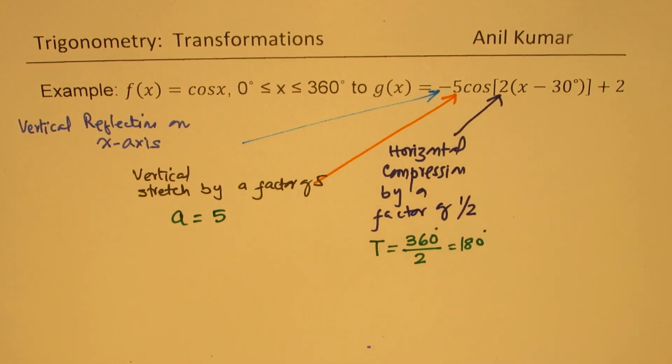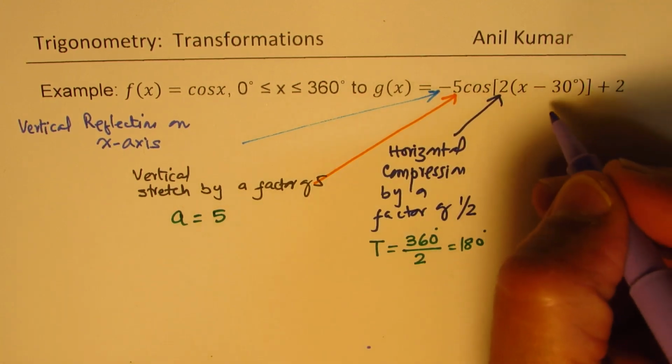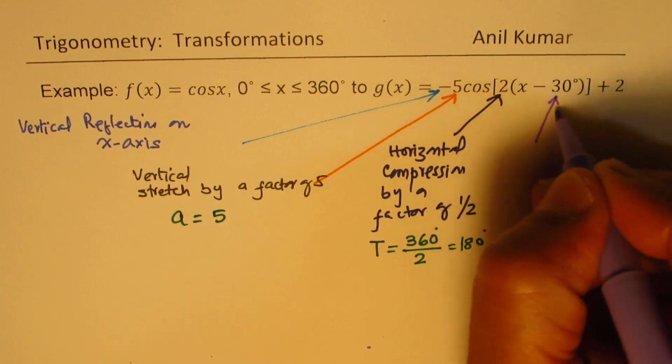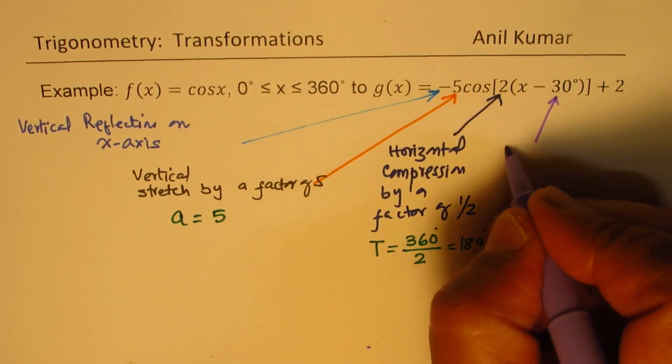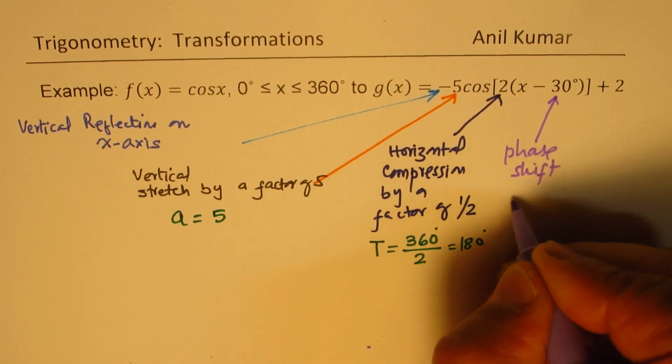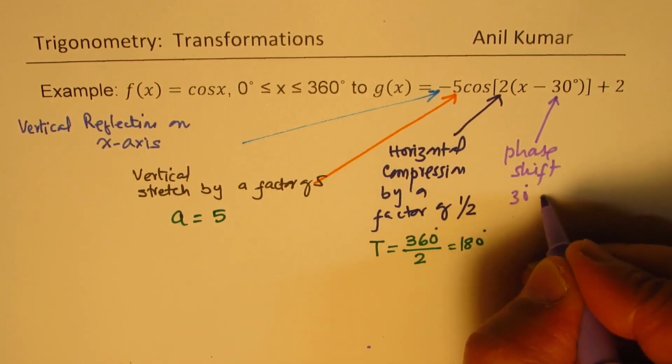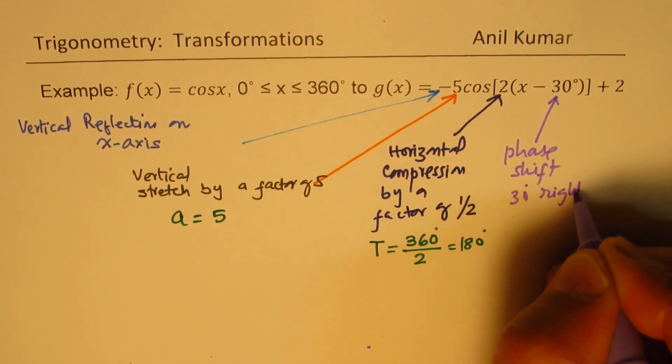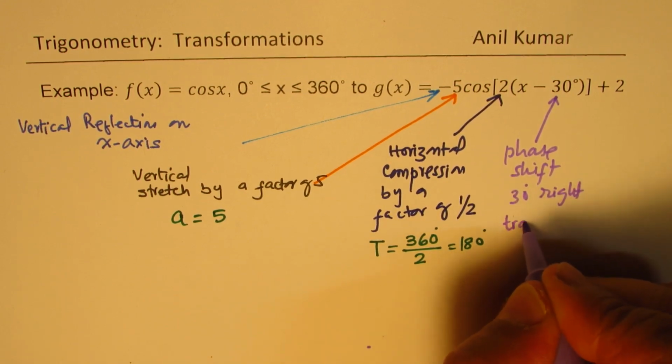Now, the parameter which is minus, and here we have 30 degrees, it is a phase shift of 30 degrees, right? So that is a translation.